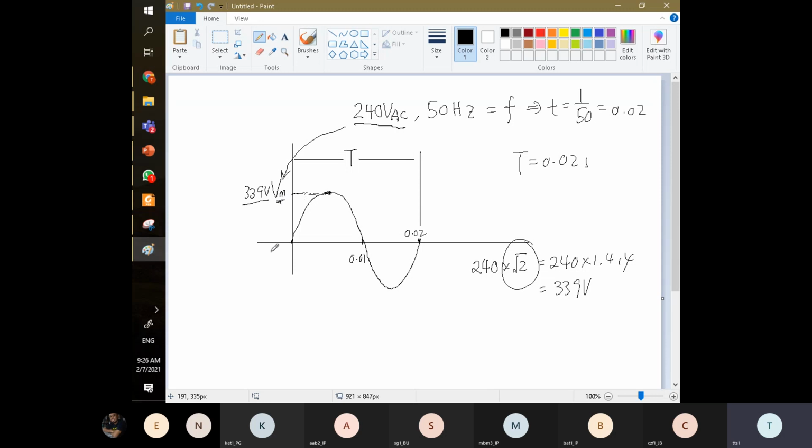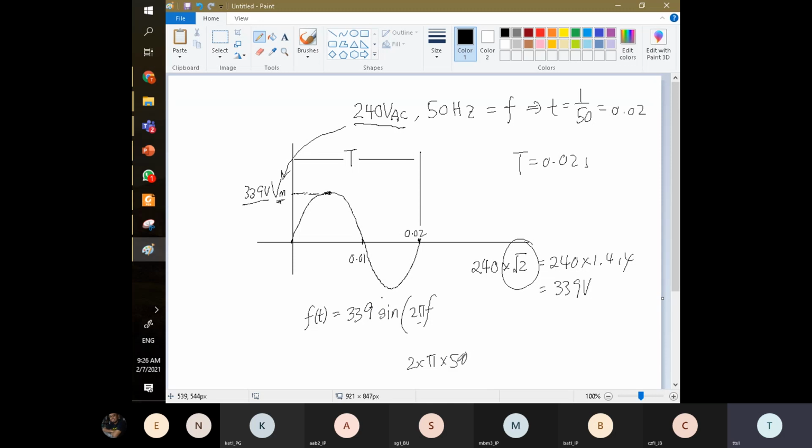Okay, so when you want to write down the function for Malaysia, it should be 339, right? And then sine, and then 2 pi f. So what is 2 pi f? 2 pi f is 2 times pi times the frequency.